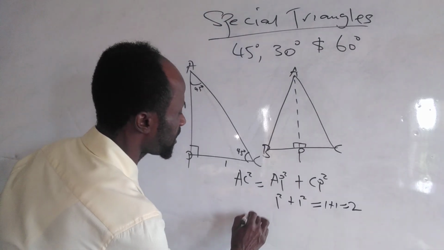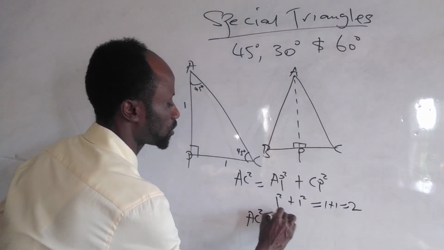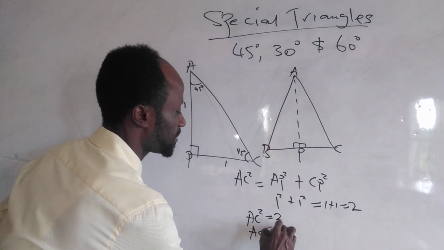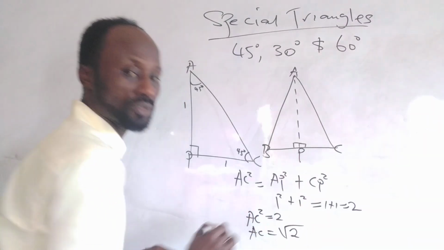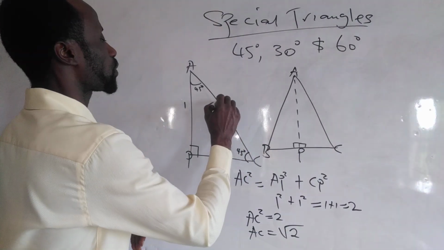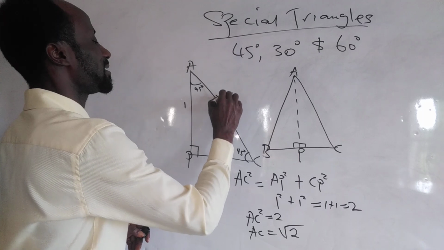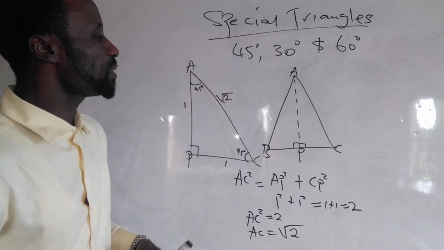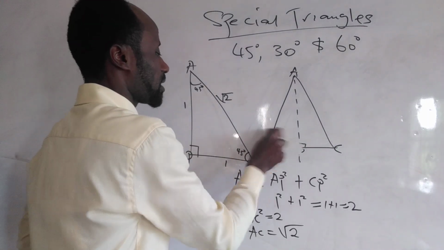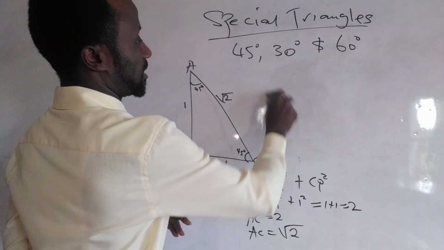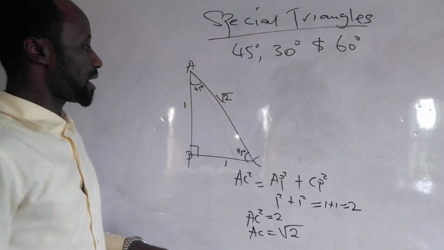Okay, at this point, that means AC squared is equal to 2. What is AC? AC automatically becomes the square root of 2. Obtaining the square root of 2 simply means we have been able to obtain the side AC. We have square root of 2. Okay, now permit me to remove this angle so that we can view our stuff well.